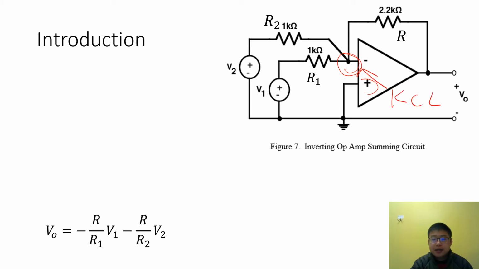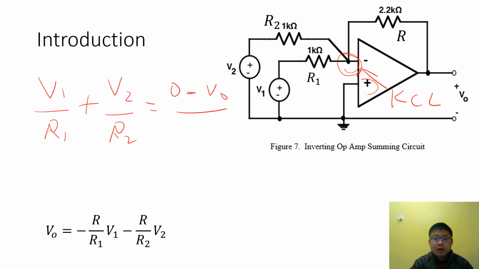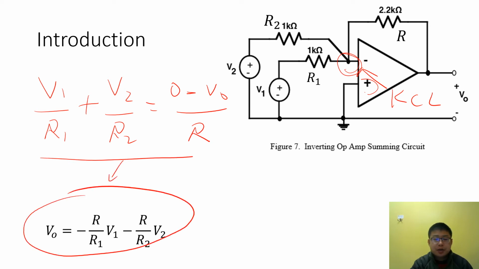Let's write down the equation: V1 over R1 plus V2 over R2 equals (0 minus VO) over R. By simplifying the equation, we can obtain the relationship between the input and output.